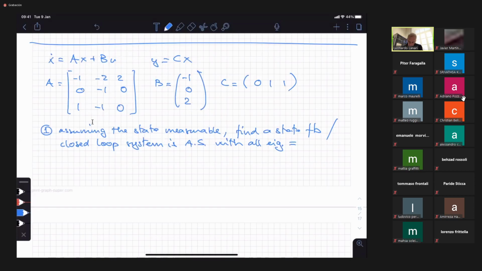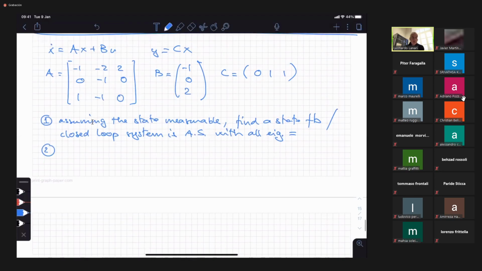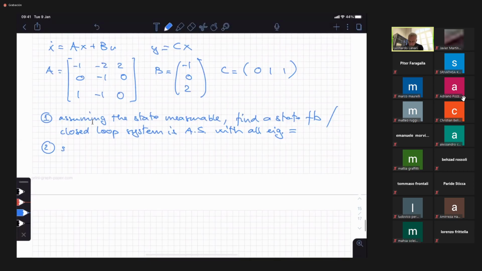The second question is, show that it is possible to solve the same problem with an output feedback controller.